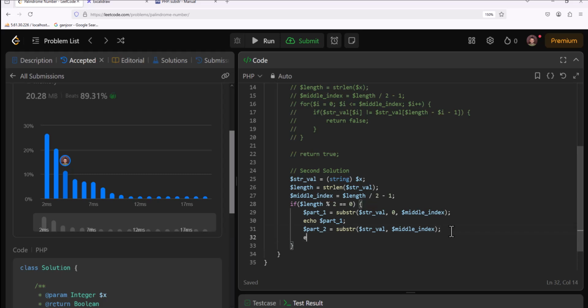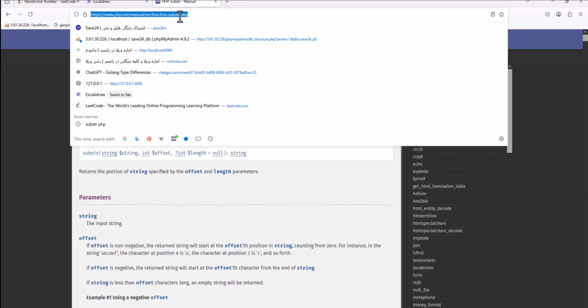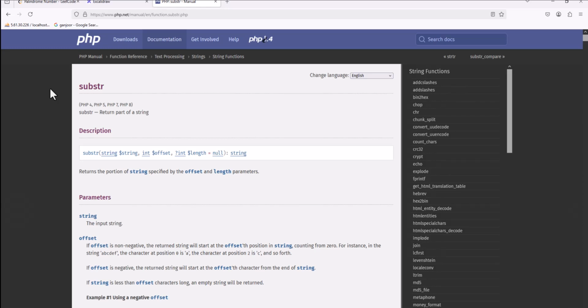Let me check this part 2, and now we should reverse. I'm sure that we have a function for reverse.